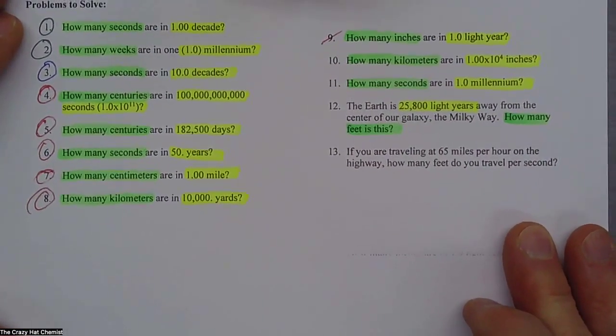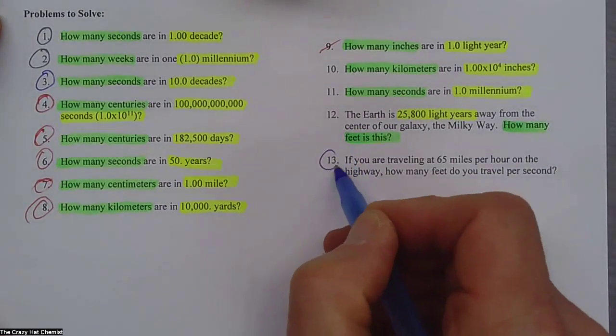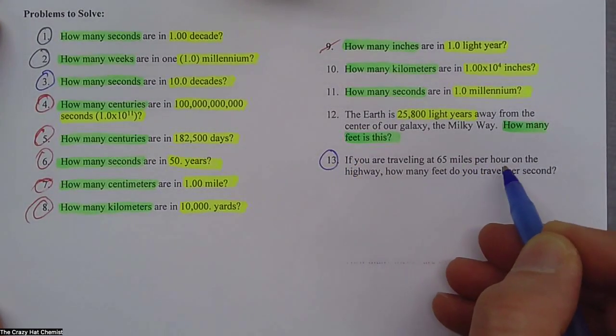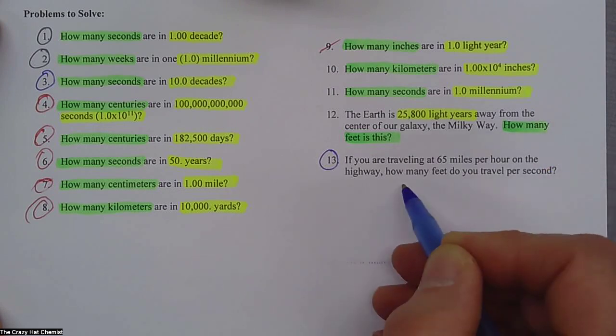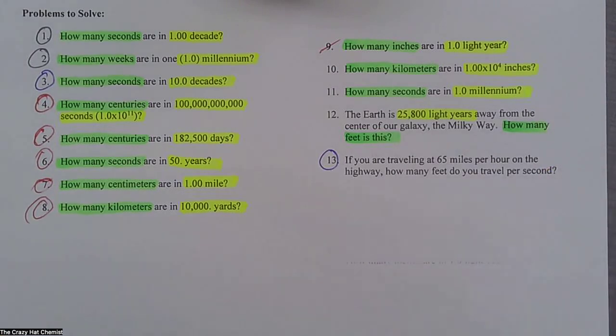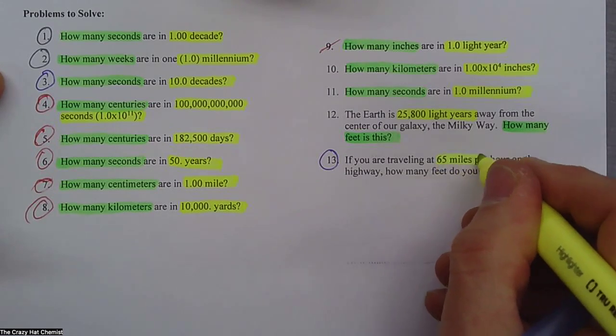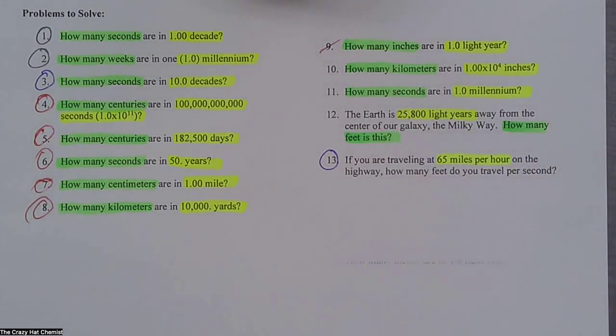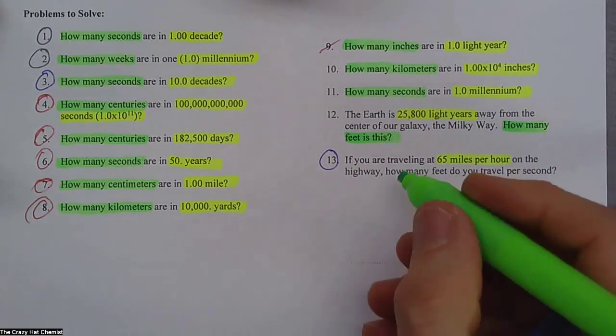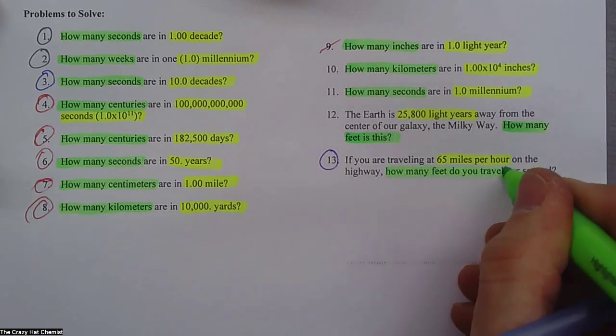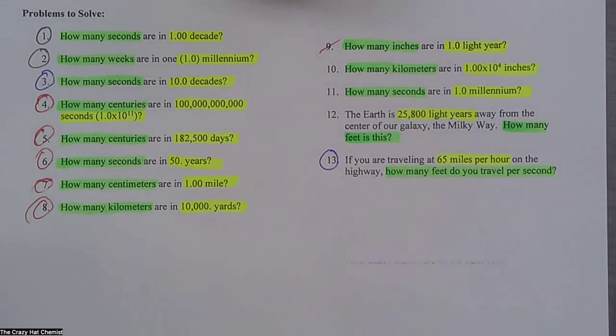Okay, and that problem is the following. Number 13, if you are traveling at 65 miles per hour on the highway, how many feet do you travel per second? Now, this is a two-part problem.